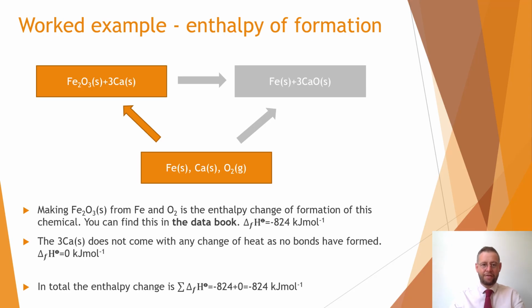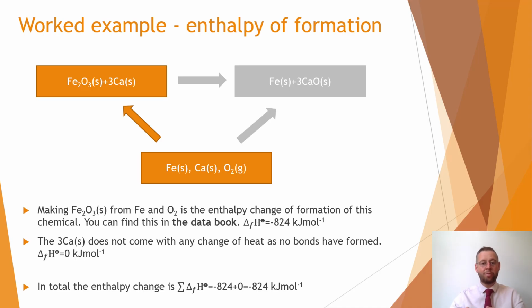So if in forming, what we have given out is 824 kilojoules per mole, then to break it is going to take 824 kilojoules per mole to break it into its constituent elements. Now you can see that we use the symbol here to represent that energy as its delta, the change, the enthalpy change of formation under standard conditions is 824.